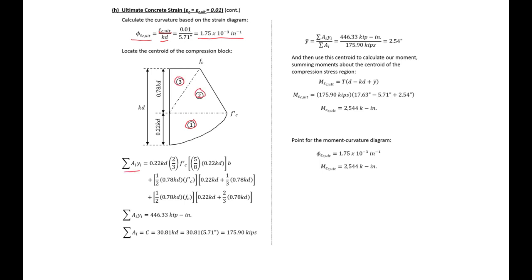Sum A times Y, divide by the summation of our A components to get our Y, and then use these to calculate our moment. So our force times our lever arm, summing our moments about the centroid of our compression stress region. This will give us our next and our final point on our moment curvature diagram.